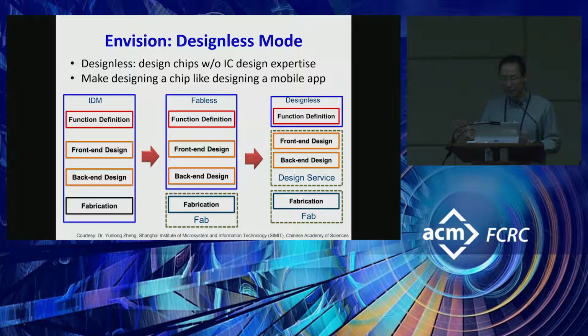And to envision the future, I borrow my friend's opinion. He envisions that in the future there should be a designless mode. What does designless mean? It means designing a chip without IC expertise.